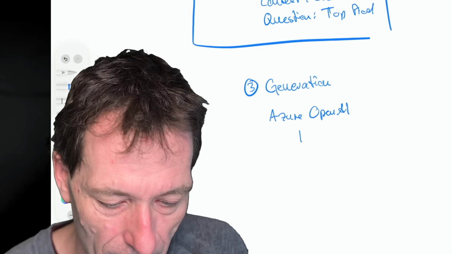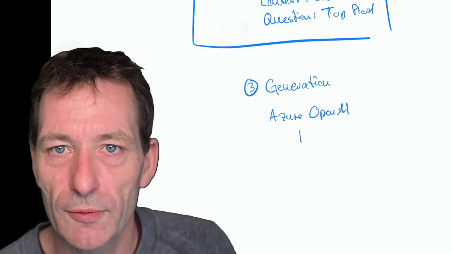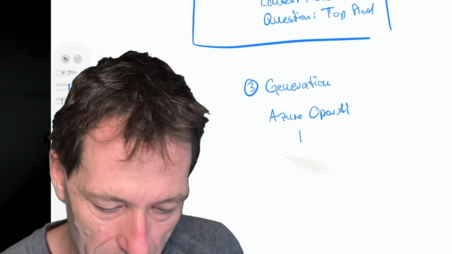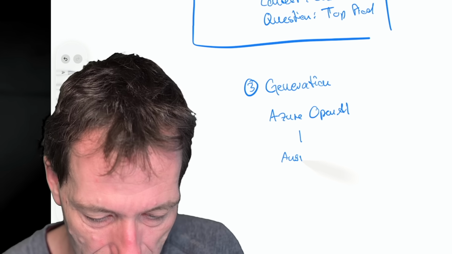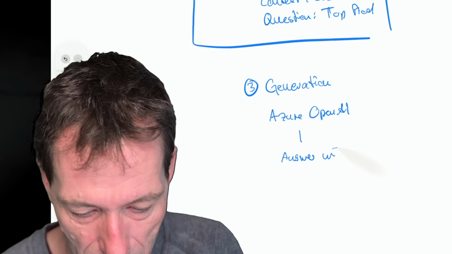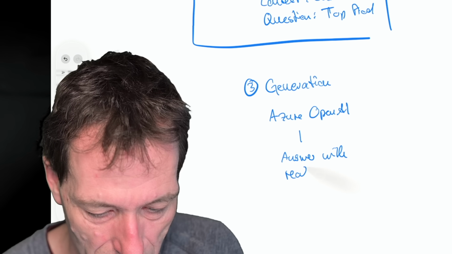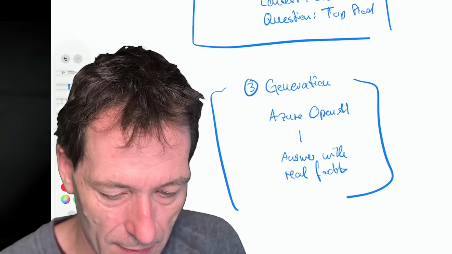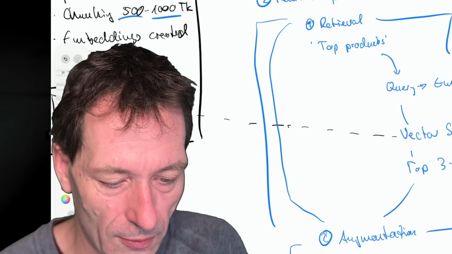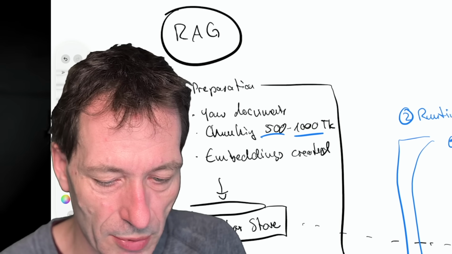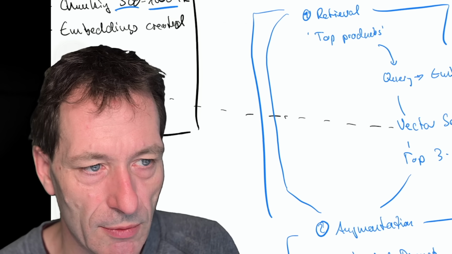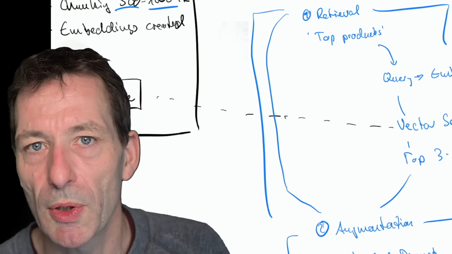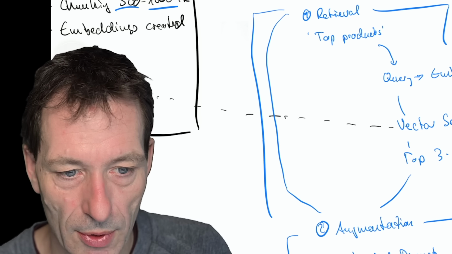And the answer is formulated out of this augmented prompt with real facts. So this is part 3 of the second step. So first step is preparation. The second step is runtime. And these work both together to make ragging possible.